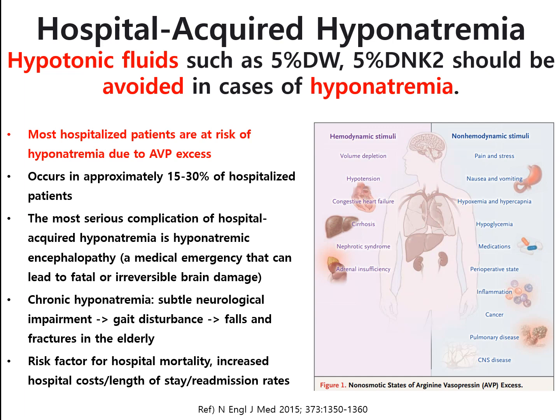The most serious complication is hyponatremic encephalopathy, which is a medical emergency that can lead to fatal or irreversible brain damage. Chronic hyponatremia can cause subtle neurological impairment, gait disturbance, falls, and fractures in the elderly. It is also a risk factor for hospital mortality, increased costs, length of stay, and readmission rates.